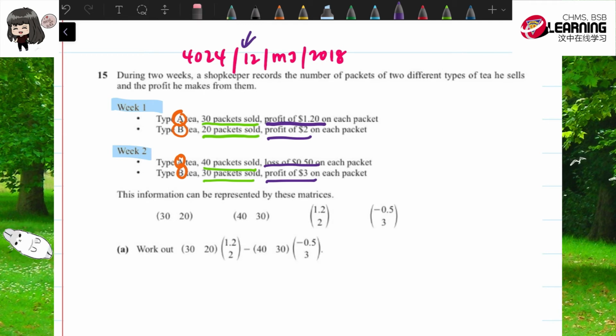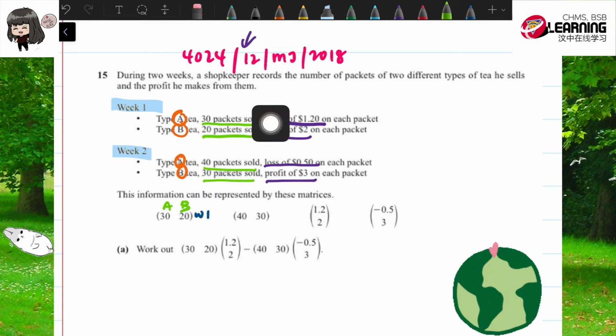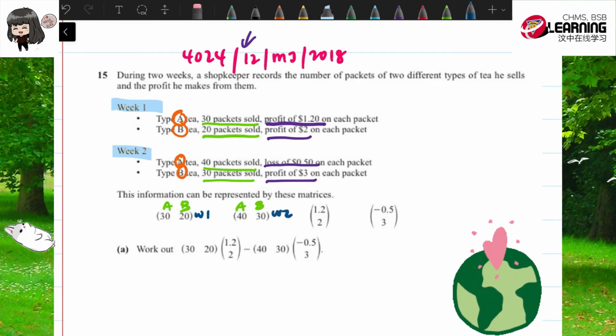So I will just write this is week 1, W1, packets of A and B sold. Then 40 and 30, this one is week 2 of A and B, W2. 1.2 and 2 is basically the A and B profit.